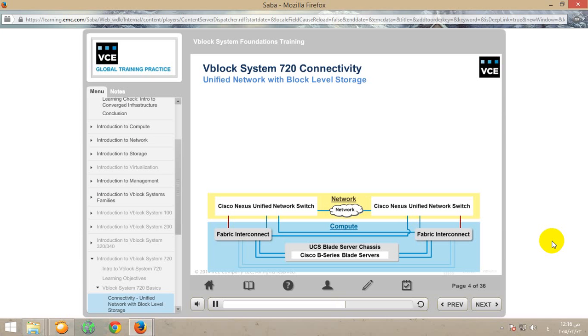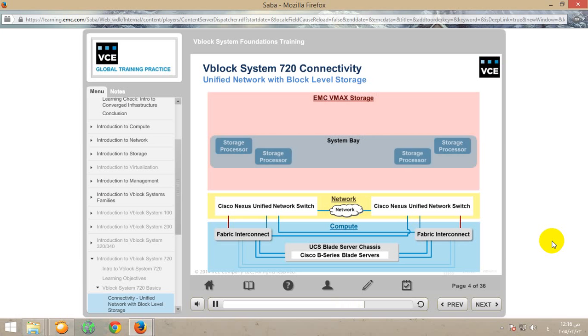Unlike other vBlock system models, with the EMC VMAX storage, vBlock System 720s can have more than 2 storage processors. The vBlock System 720 with VMAX 10K can have up to 4 storage processors, while the vBlock System 720 with VMAX 20K and VMAX 40K can have as many as 8 storage processors.